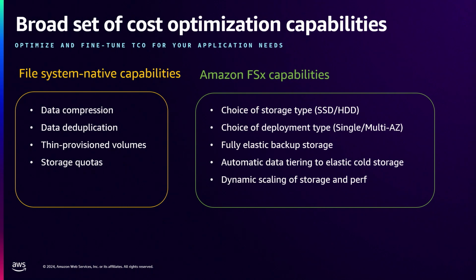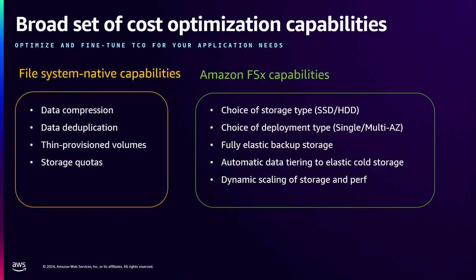So FSx provides both file system native capabilities. These are some of the like-for-like storage efficiencies that David mentioned in one of the previous slides, things like compression, deduplication, thin provisioning, and storage quotas. But there are also capabilities you get because you're using this fully managed file storage on FSx. You get to choose what storage type you want to back your file system, across SSD and HDD.